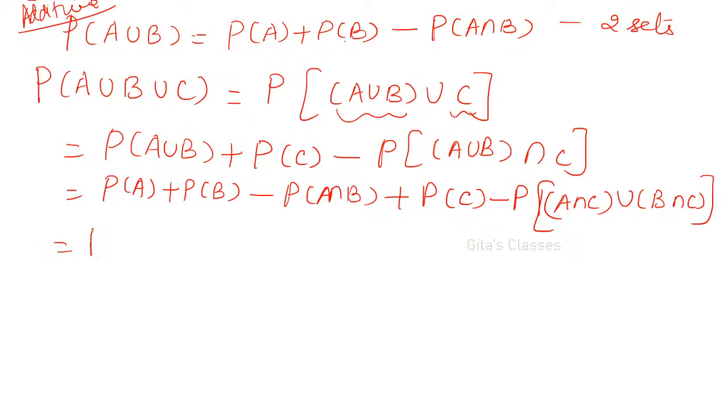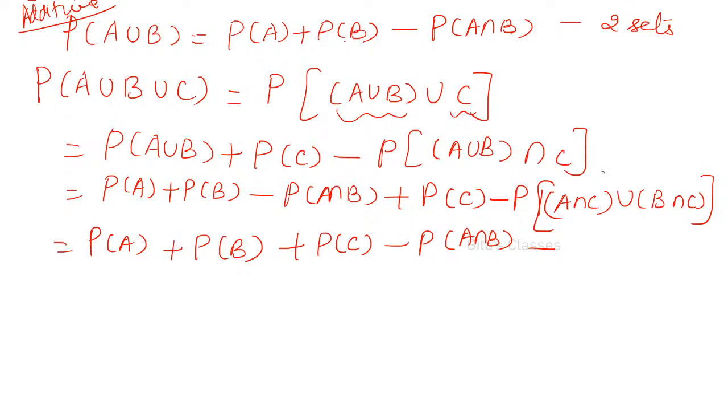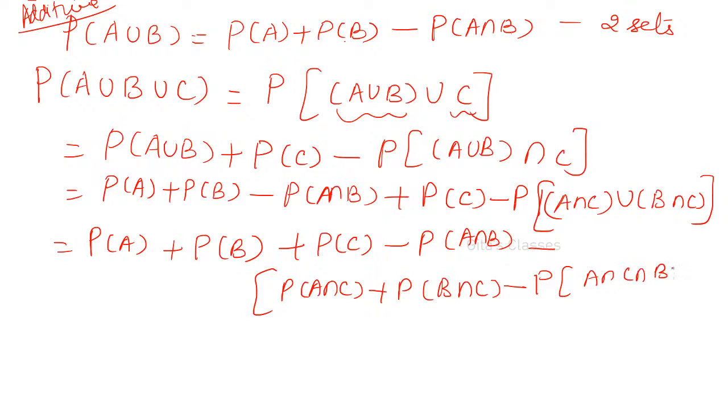So this is equal to P of A plus P of B plus P of C minus P of A intersection B minus, and again here you have two sets. Apply the same theorem for two sets here. So minus of P of A intersection C plus P of B intersection C minus P of A intersection C intersection B intersection C. Right?